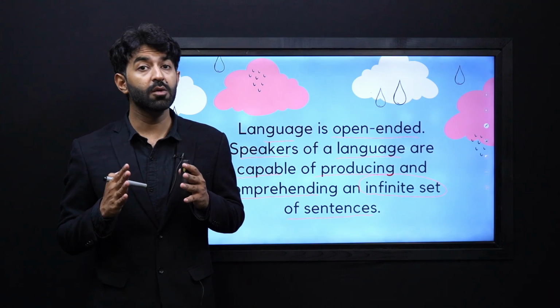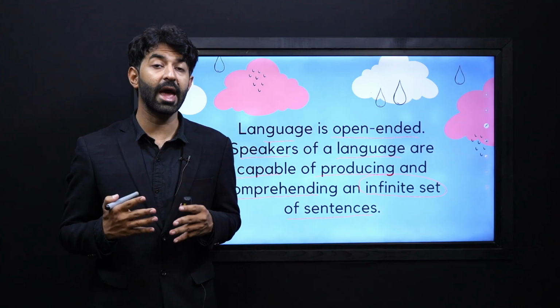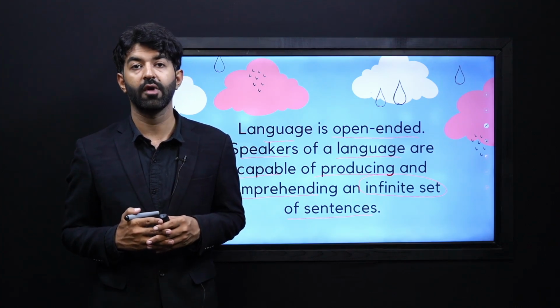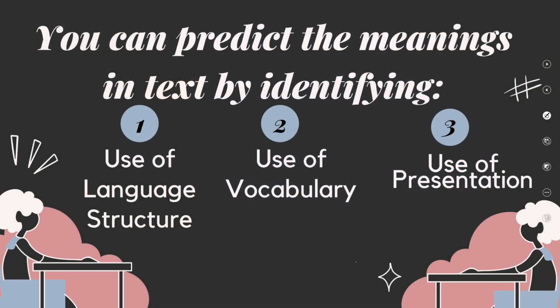So it is very important that we have some skills of predicting and understanding the meaning of any text. Now, how can we predict meanings? You can predict the meanings in text by identifying these three things, and these are the things that we discussed in our students learning outcome.